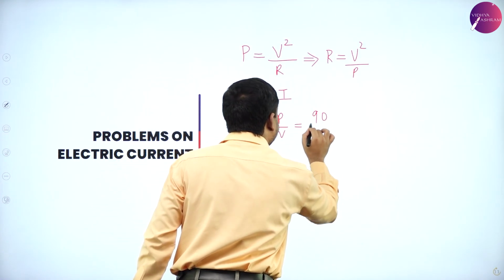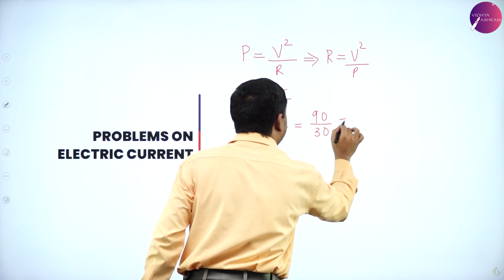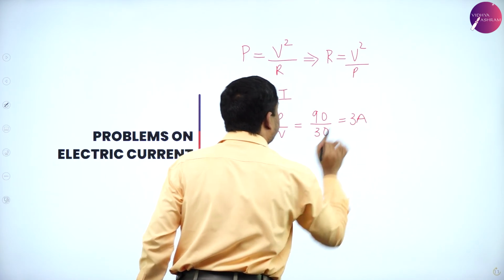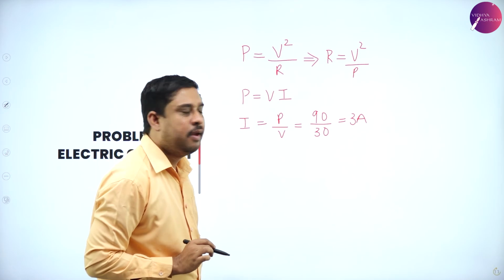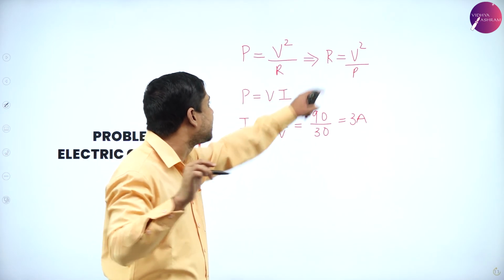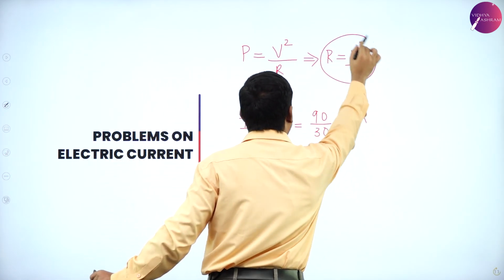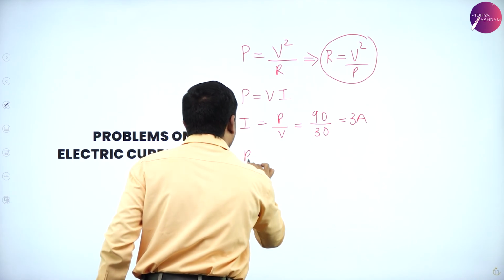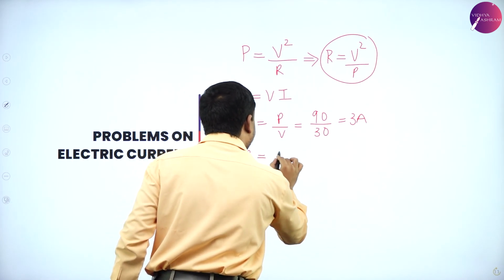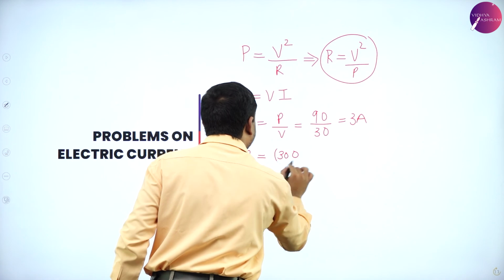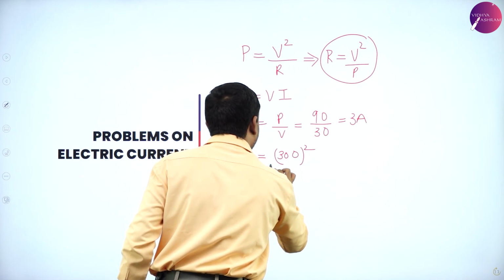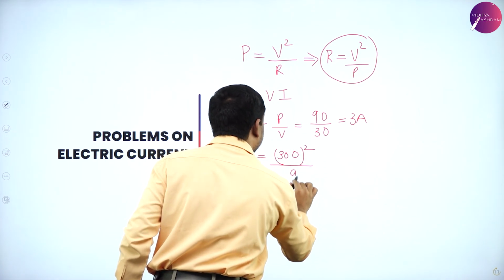So 90 by 30, 3 amperes. What is the resistance now? I use this expression for resistance. So R is V square, 30 square divided by P.